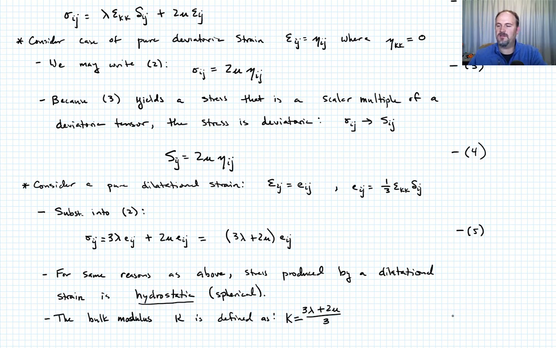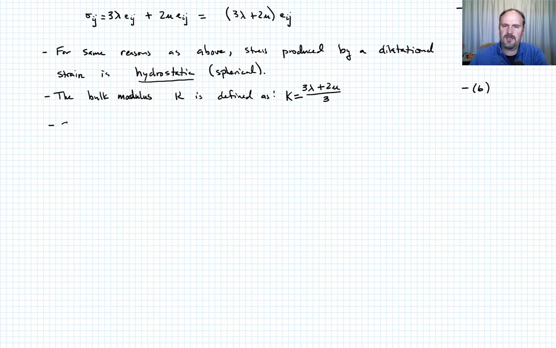Okay, that's the bulk modulus. So let's call that equation 6. And then substitute 6 into 5, and we end up with sigma ij is equal to 3 times K times epsilon ij.